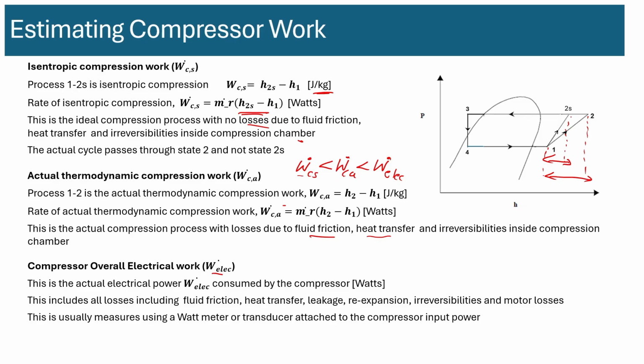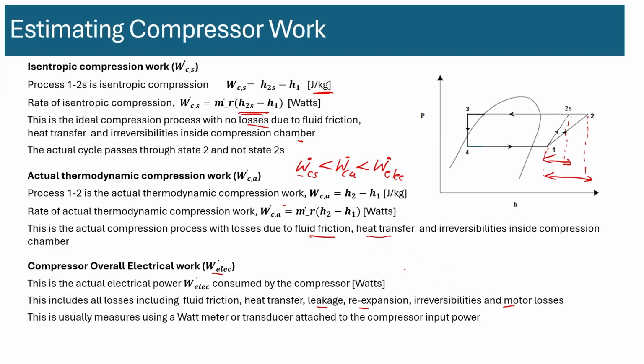So there are more losses, so you need to provide more work to take it to the same condensing pressure, right? Now, in electrical work, in addition to these three losses, there is leakage of refrigerant, re-expansion due to volumetric efficiencies, and losses in the electrical motor.